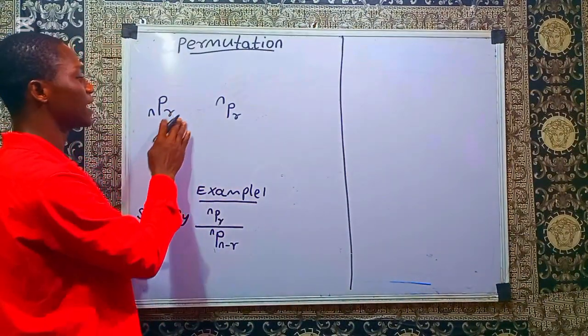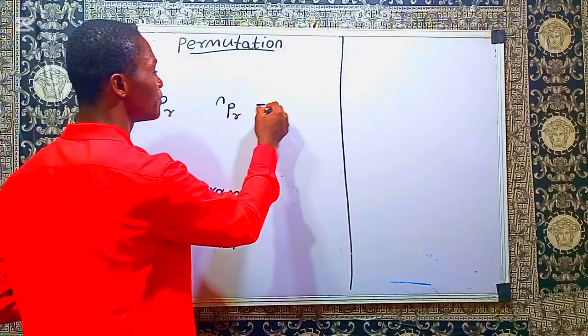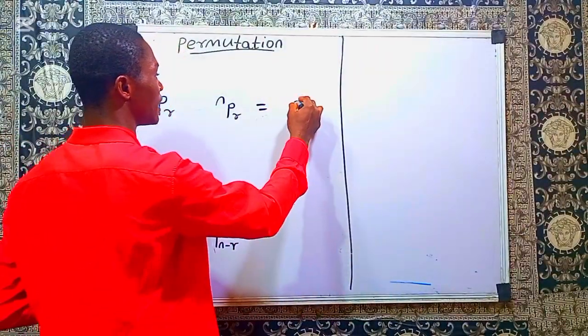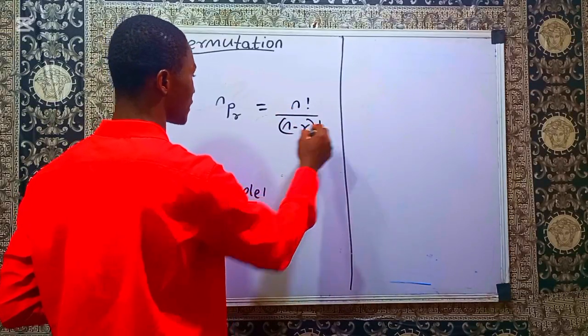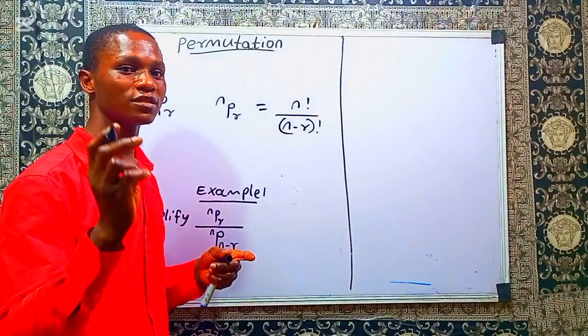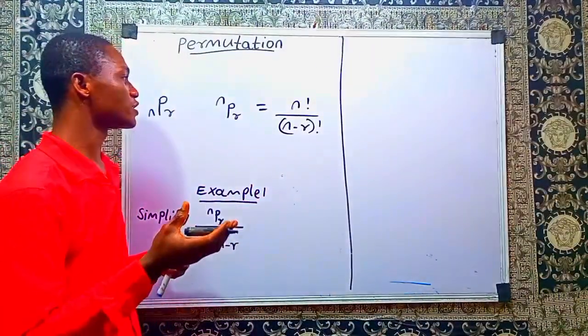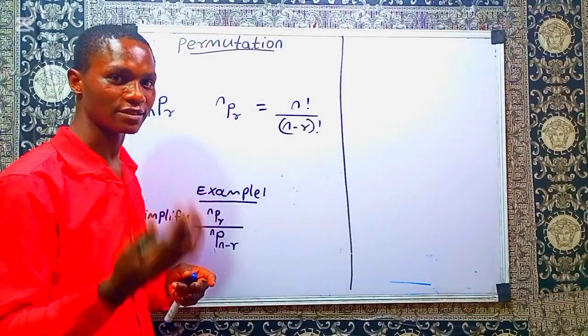And we can say that n permutation r is given by the formula n factorial divided by n minus r factorial. This is the formula for finding the number of ways you can arrange n objects, taking r of them at a time.